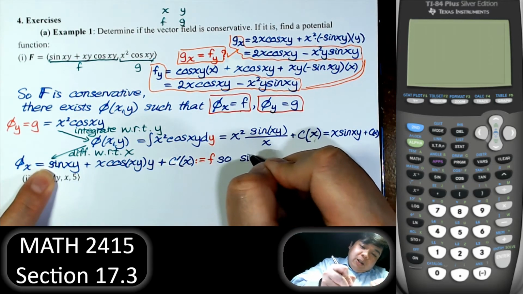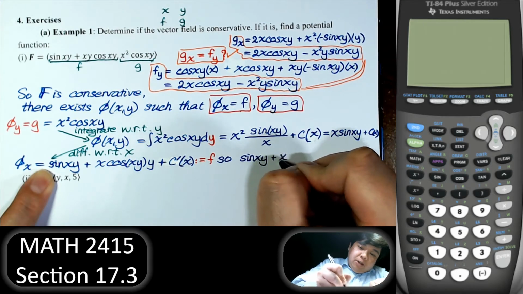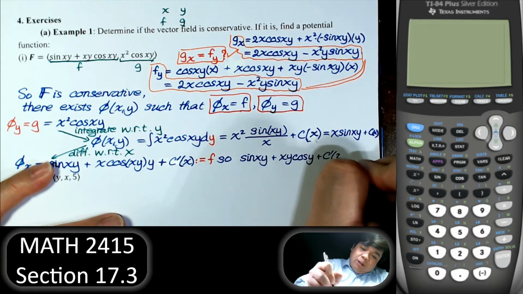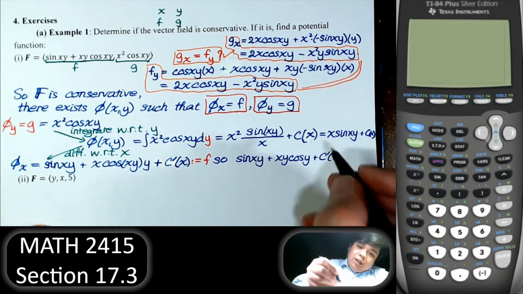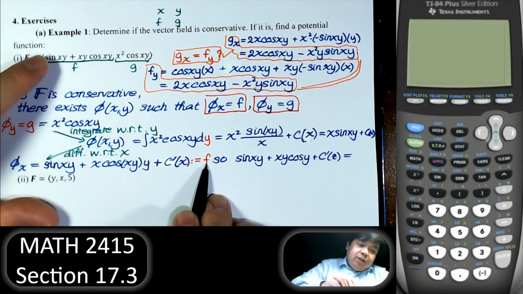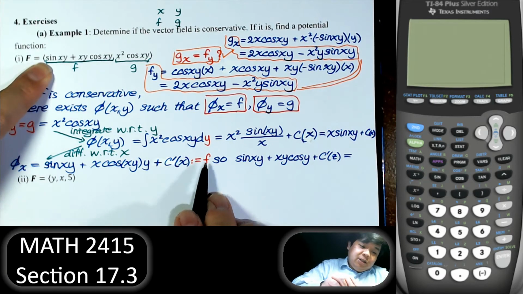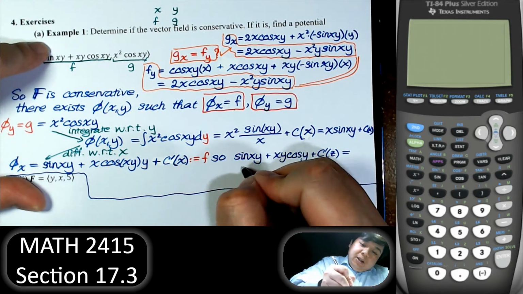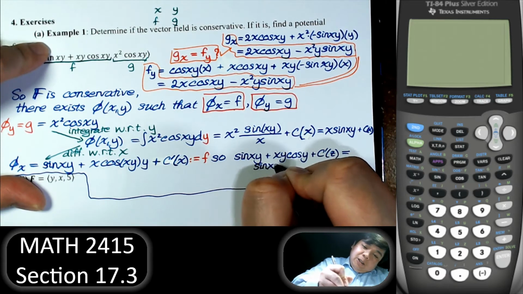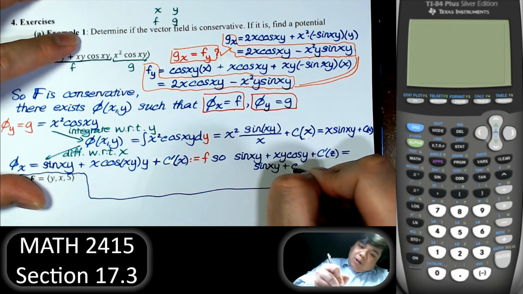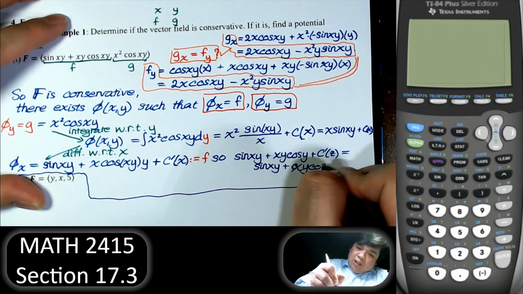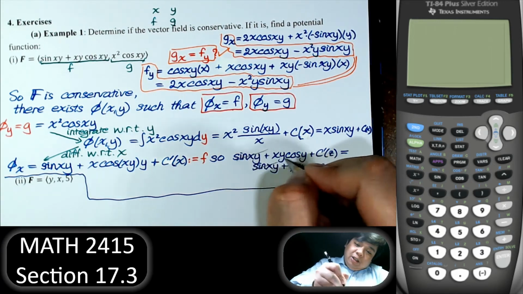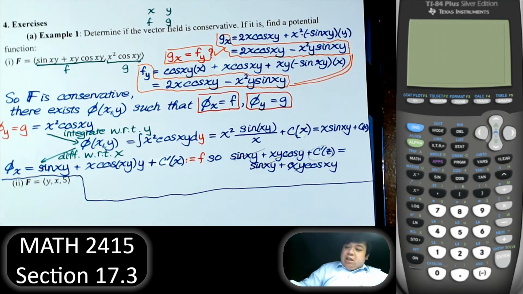So we have sine of xy plus xy cosine xy plus c prime equal to f, which is sine xy plus xy cosine xy. If that is an equation, we can simplify both sides. So c prime is equal to 0.